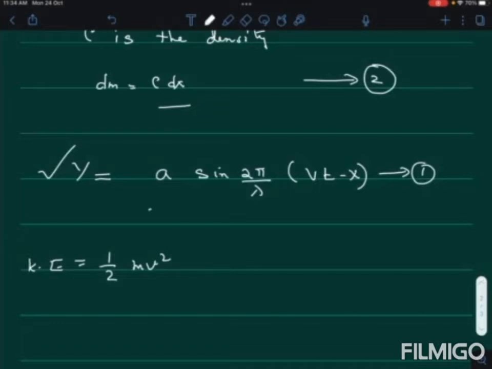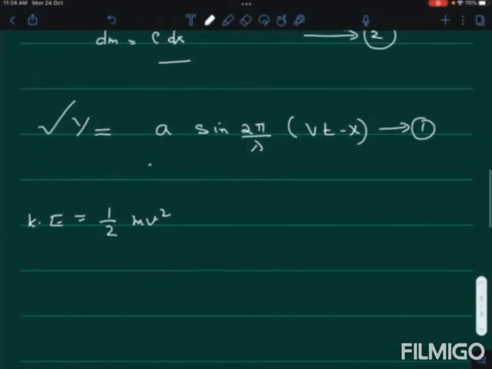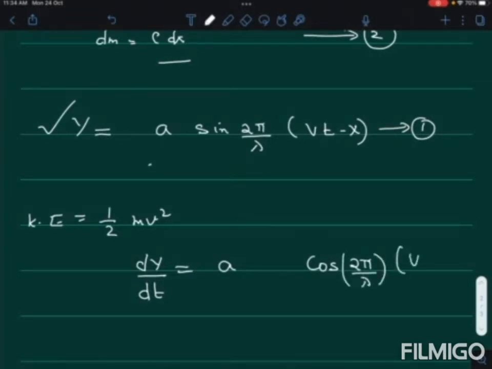So dy/dt = a cos (2π/λ)(vt − x) into the coefficient 2π/λ into v.